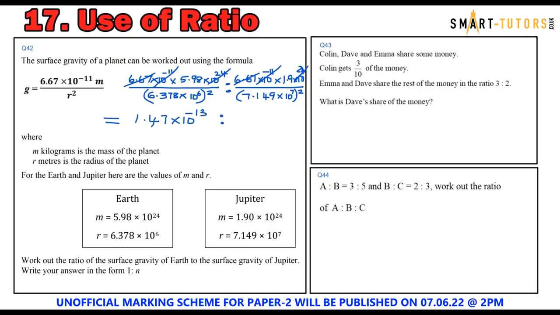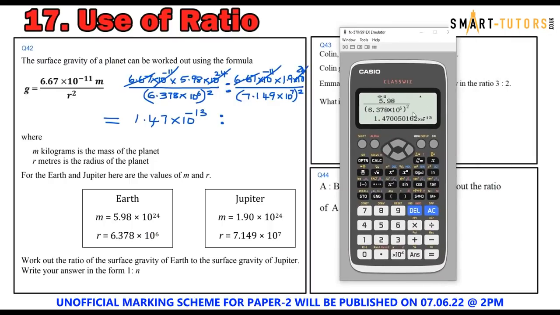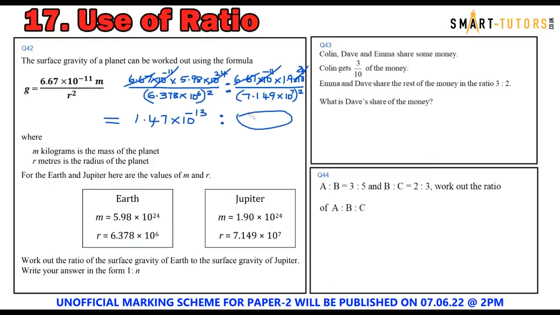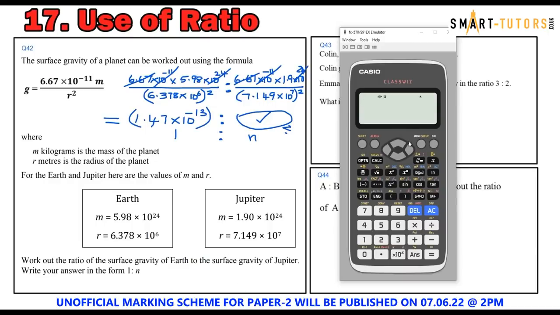And now I'm not going to change this answer, I'll keep this one, right? Now I'm going to find this answer. Then the answer is 1 is to n. So whatever this answer, divide by the previous answer 1.47. In the calculator, you can do this more effectively.